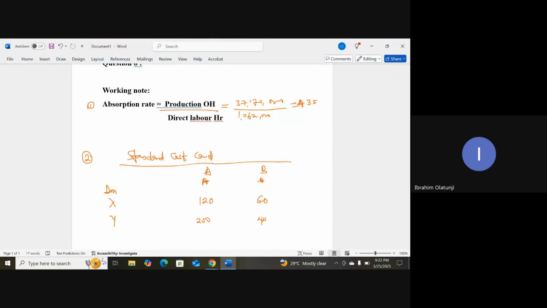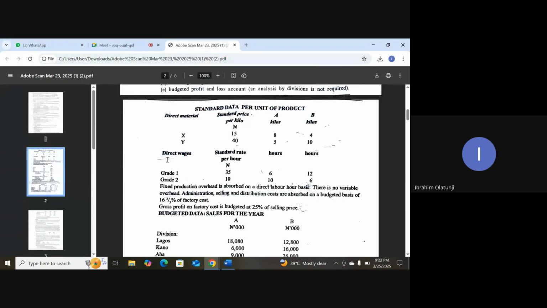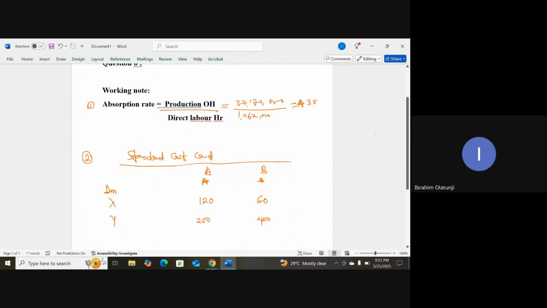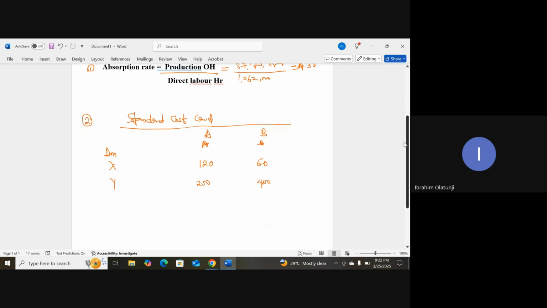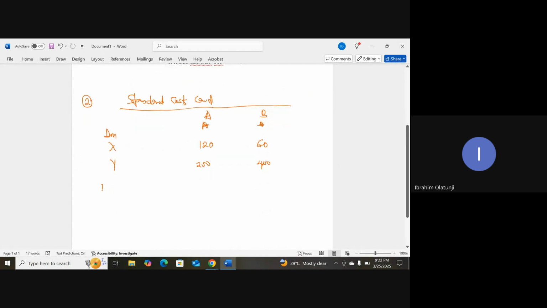Then after that, we move to direct wages. These direct wages, the labor was categorized into two, grade 1 and grade 2.